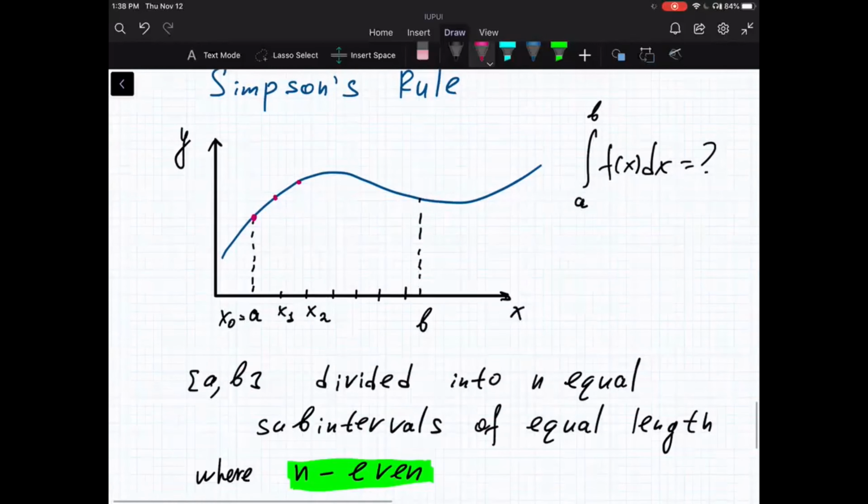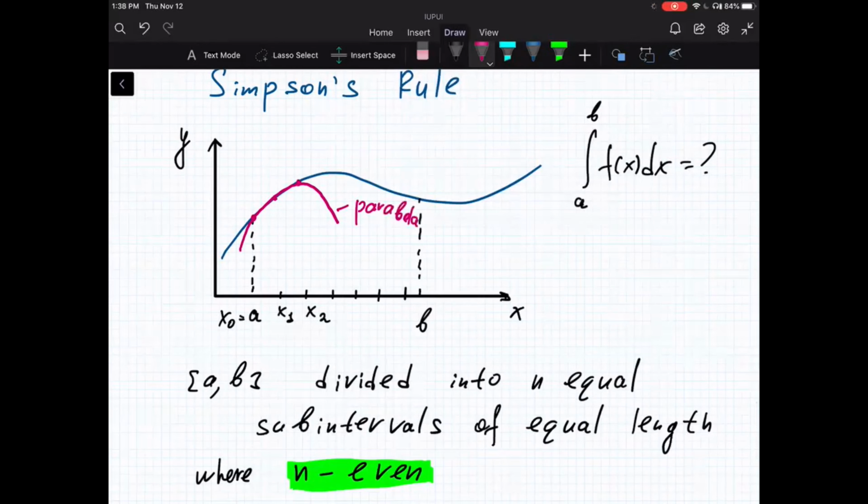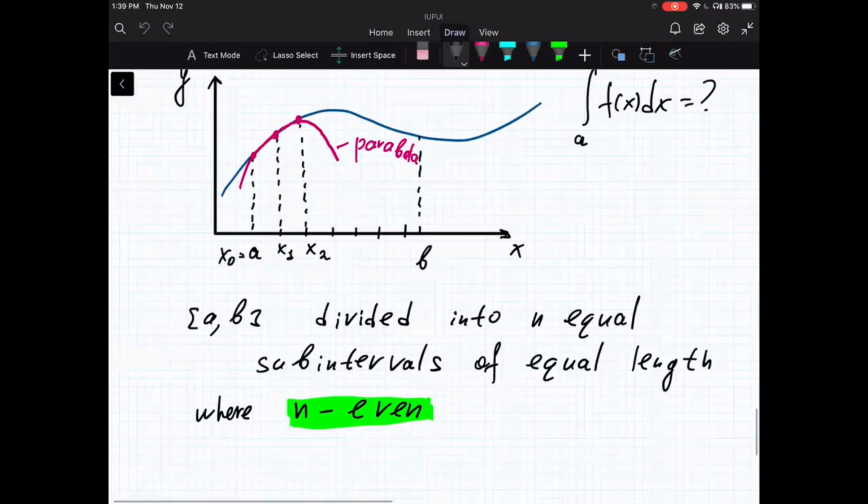So it will look like that. Instead of rectangles or trapezoids, I'm using a parabola, and I will approximate the area under the curve as the area under this parabola. Even in my picture, it looks like a very good approximation.